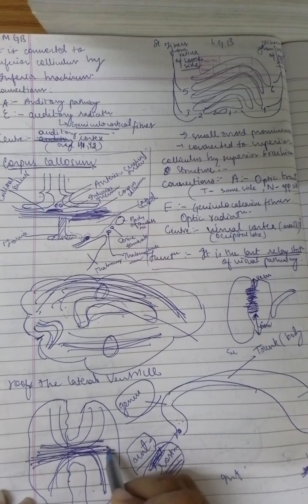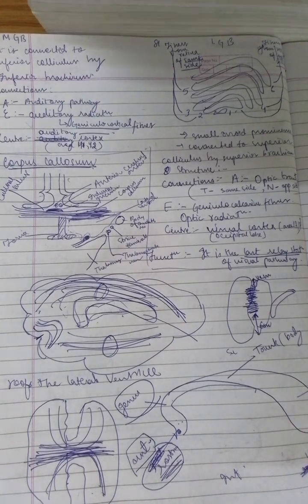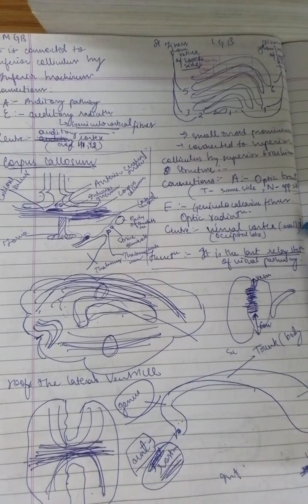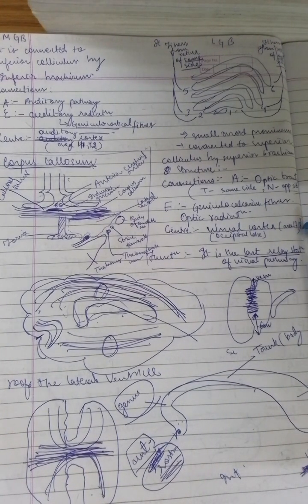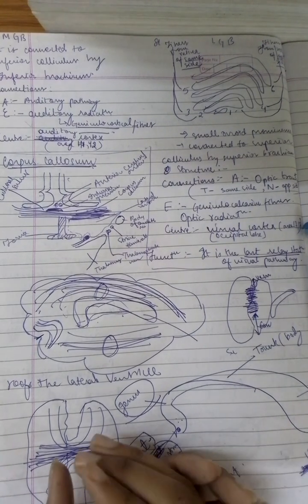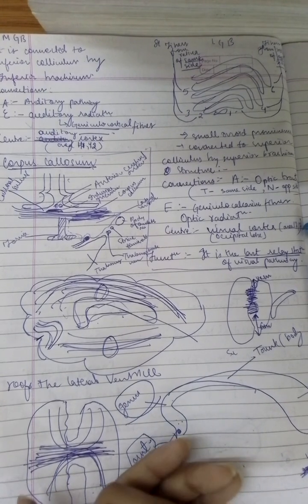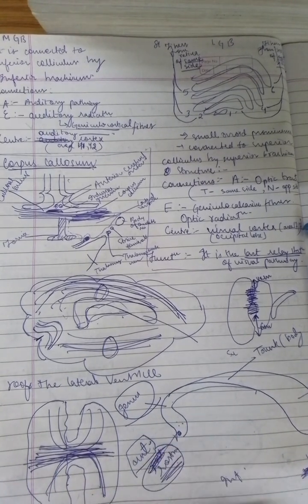Here you can see these large thick fibers going across the cerebral hemispheres. They form the tapetum. You can also add one point that this forms the floor of the central part of the lateral ventricle.